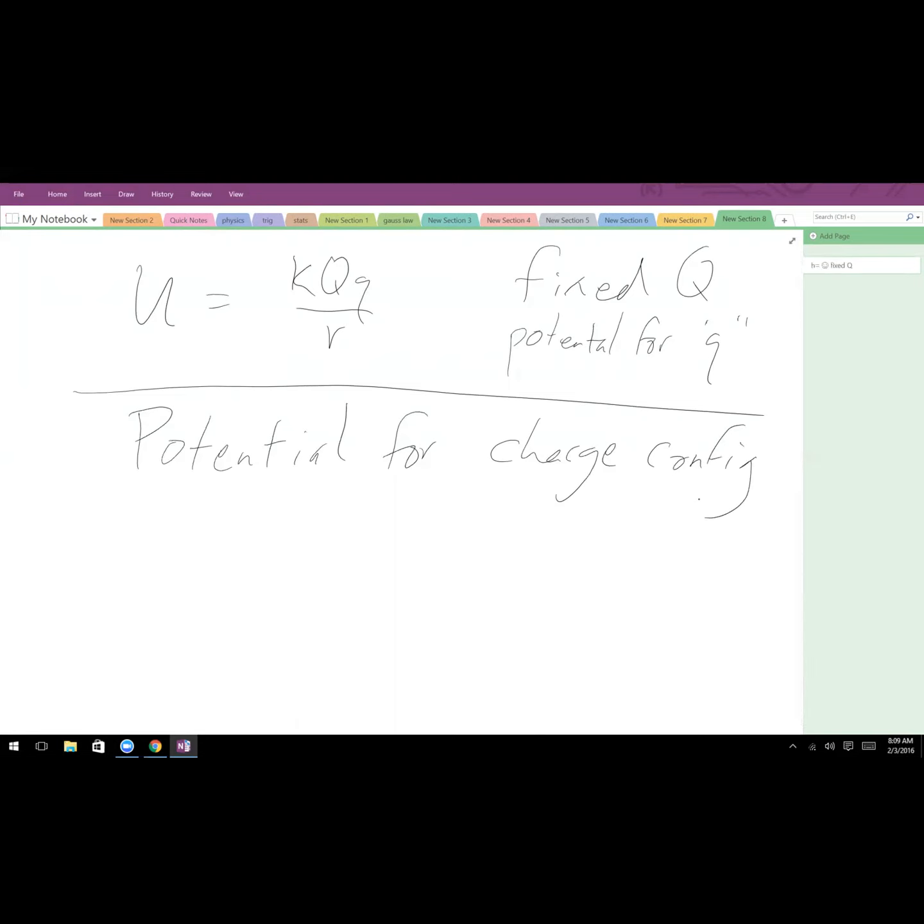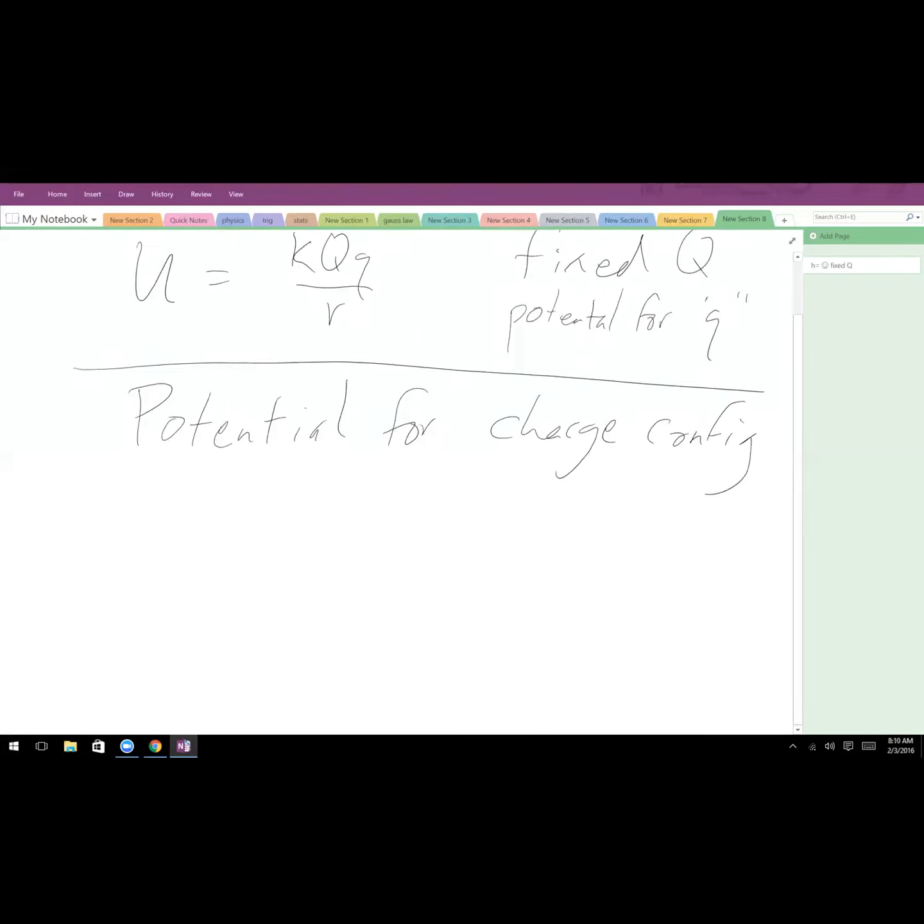Think, okay, how much energy does it take for me to do that? Then it's that same formula. So it's, well, U is going to be, you're going to sum over every pair of charges and then do KQ1, Q2 over R or whatever. So it's just, you do that same formula for every pair in your deal.